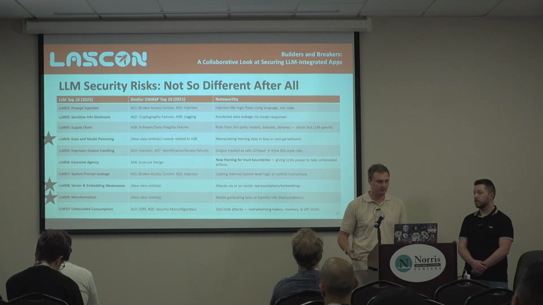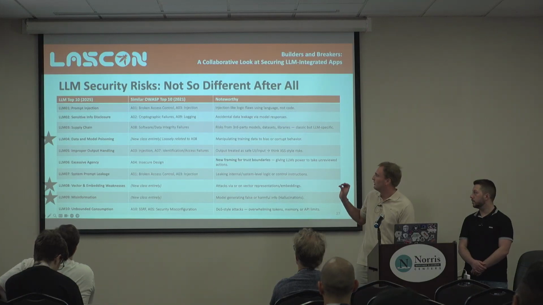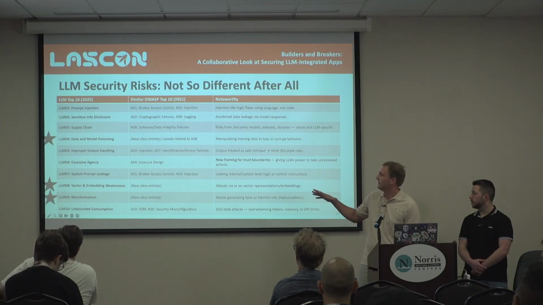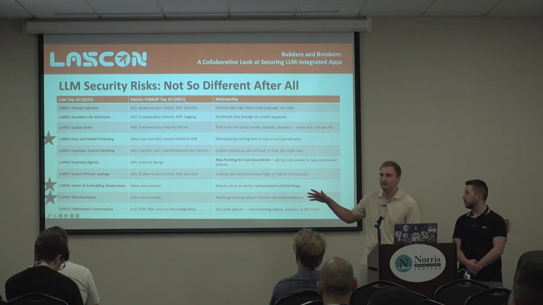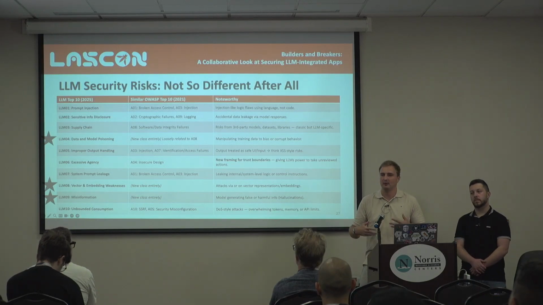And yeah, they are the same, but there's also very new stuff. I mean, the training data poisoning you just showed, and some other types of vulnerabilities. One more to highlight is excessive agency, which is a bit related to when we do a threat model activity as an AppSec person.